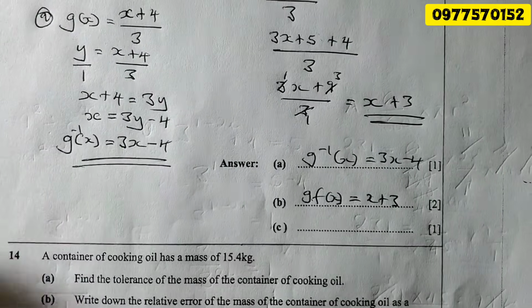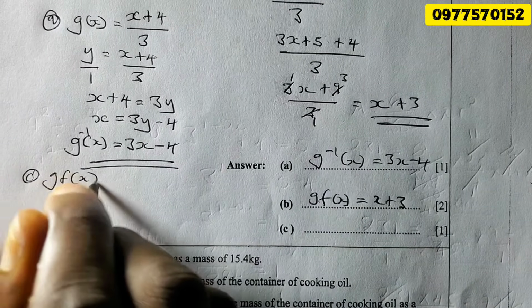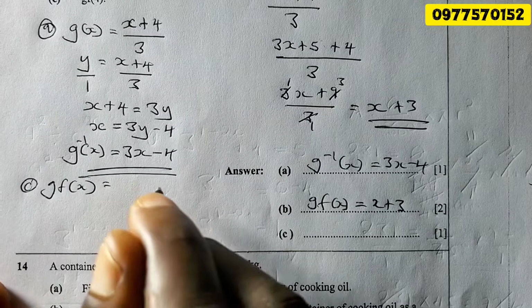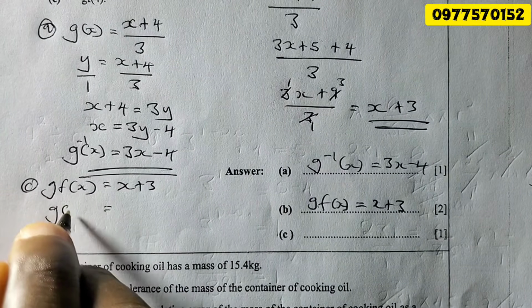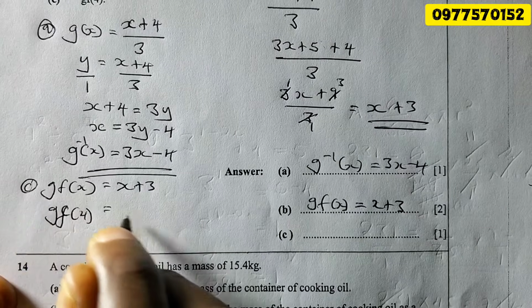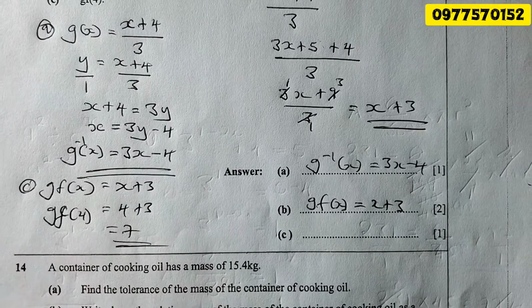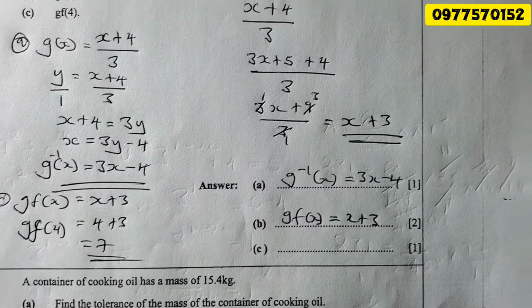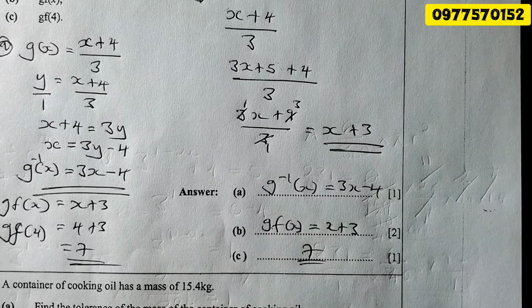Okay, so this is C. So gf of x is x plus 3. So where there is x here, we're finding gf of 4. So we're going to say 4 plus 3, which is what? Which is 7. Okay? So here we're going to say the answer is 7.